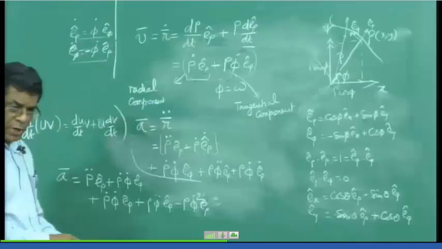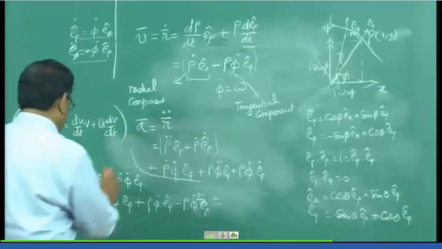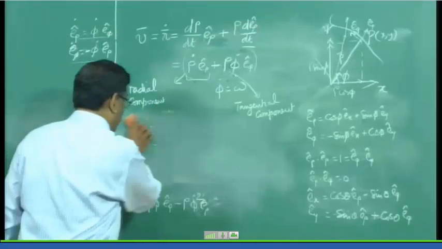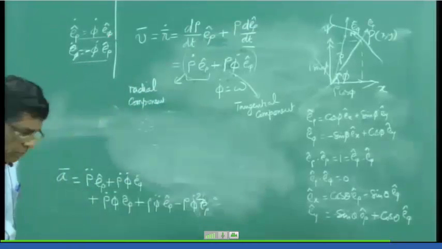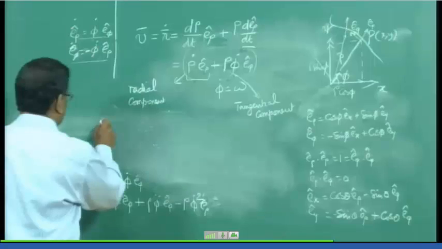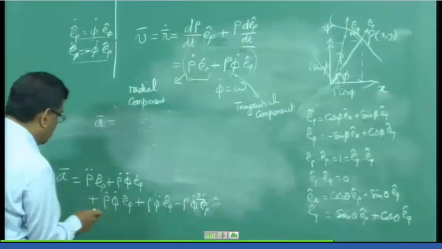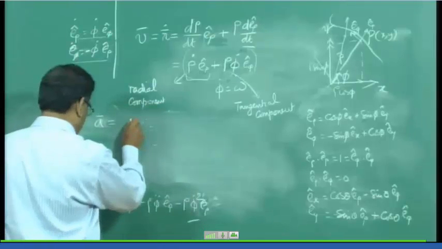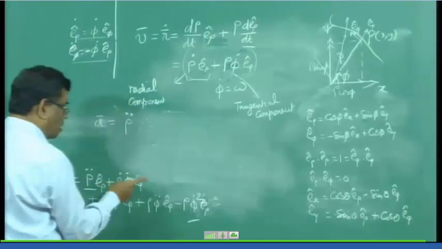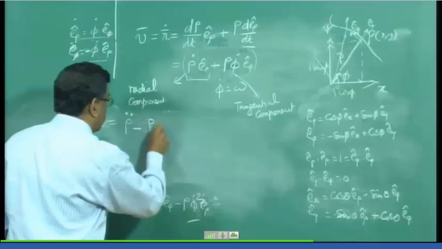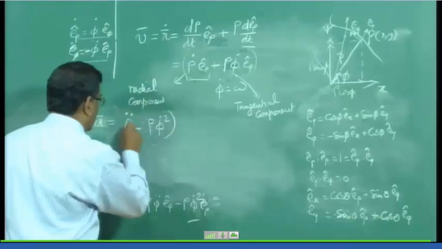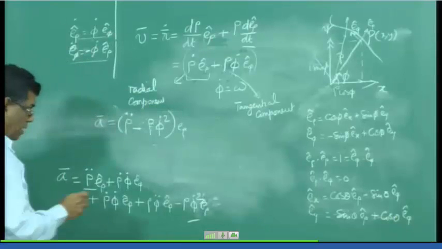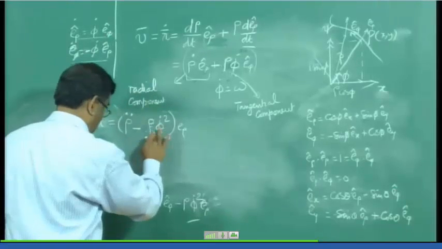Now I group them together and rewrite my acceleration part neatly. What is that? Acceleration is equal to, there is E rho here, there is also E rho here. So I will say rho double dot minus rho phi dot square, both along the E rho direction, right? I hope you can see that.